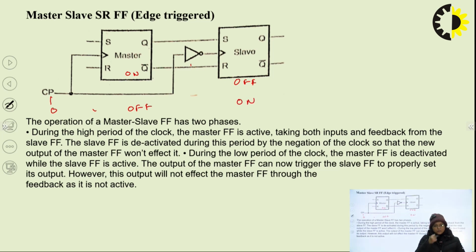So this circuit operates in two modes. Initially the clock pulse is 1, master SR flip-flop will be on and the output reaches the middle stage. In this situation, slave will be off and will not pass this output to final output. Now, during the next clock pulse or when clock pulse is 0, master becomes off and slave on, and the intermediate output will reach the final output.